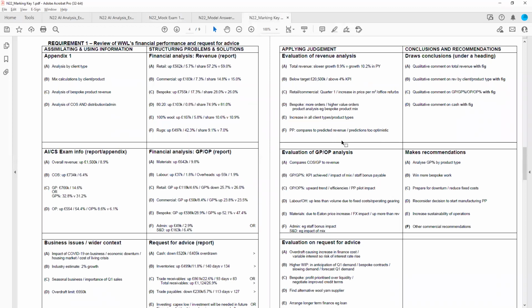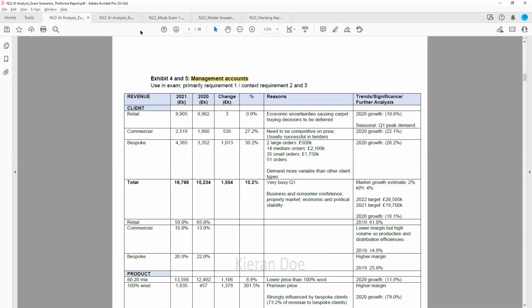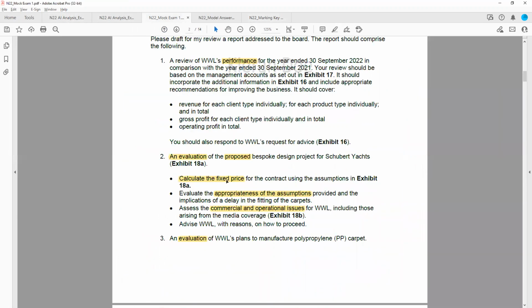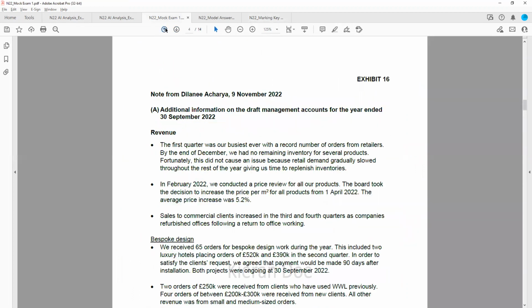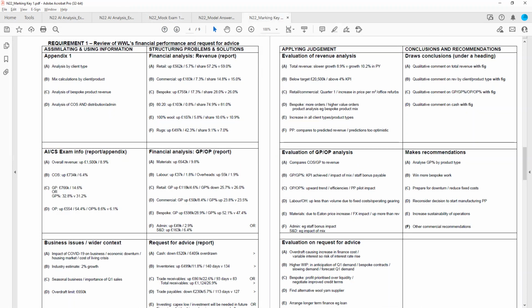So as I explained in detail before, the fact that the AI is in the same format every time, the requirements are broadly the same every time, and the type of information included in the exam paper is broadly the same every time, and the marking key is in the same format every time. This does make this exam fairly predictable, and probably more predictable than the other advanced level exams.